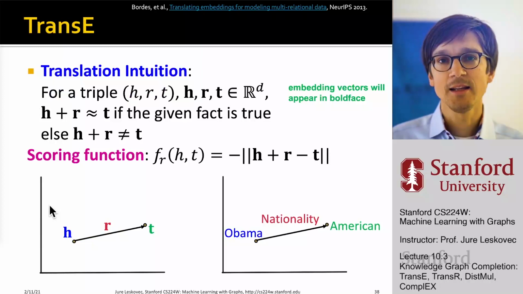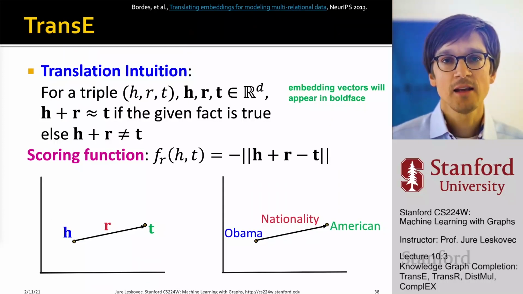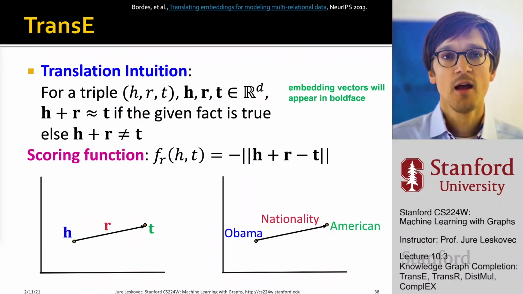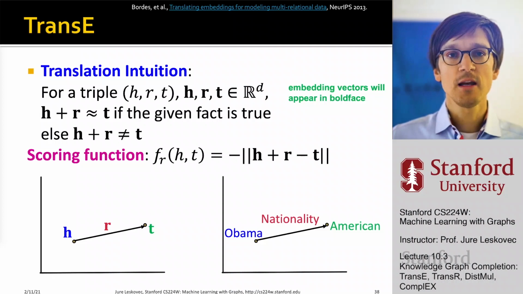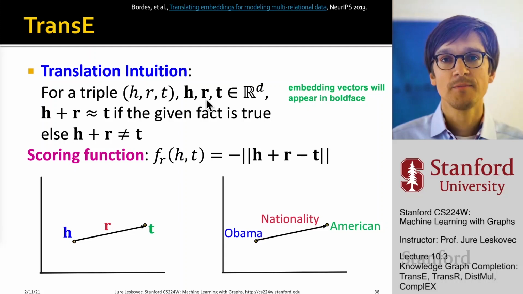The simplest and most natural idea is called TransE, and TransE has this intuition of translation. For a triple (head, relation, tail), we want to learn the embedding of the head, the embedding of the tail, and also the embedding vector r.